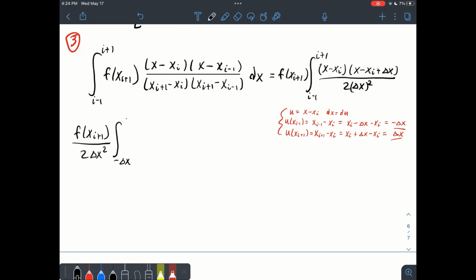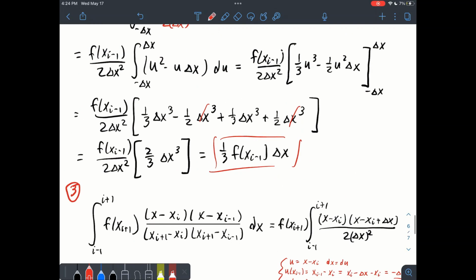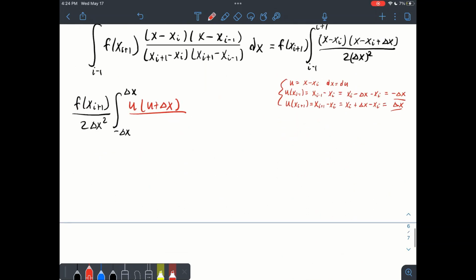See how this is getting faster, right? Of u times u plus delta x over nothing. Yeah, over nothing. Right. du. Okay, and so then let's anti-derive.